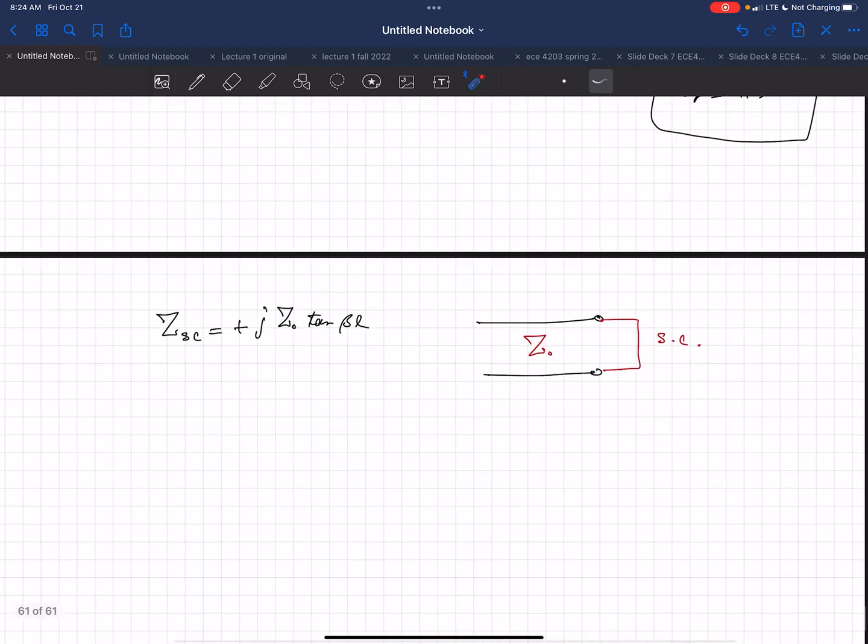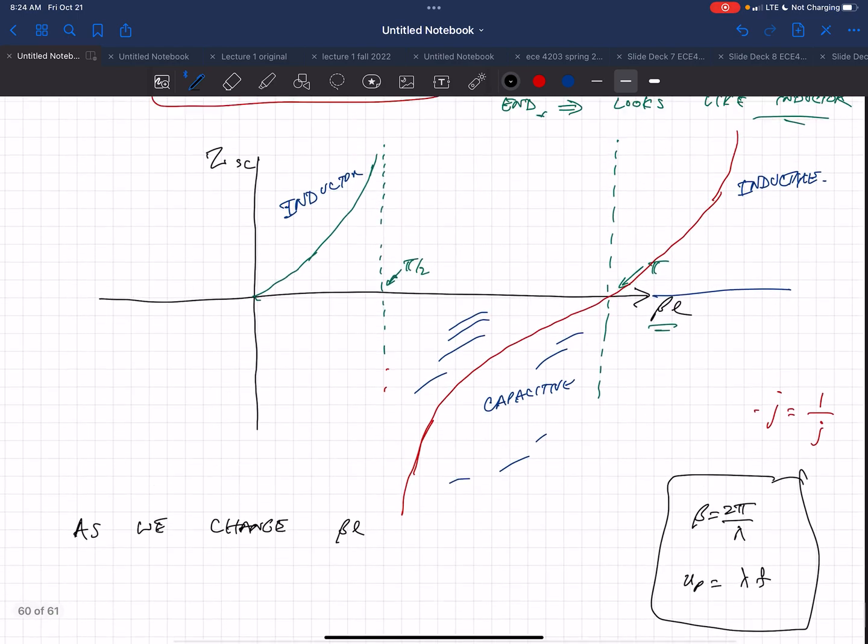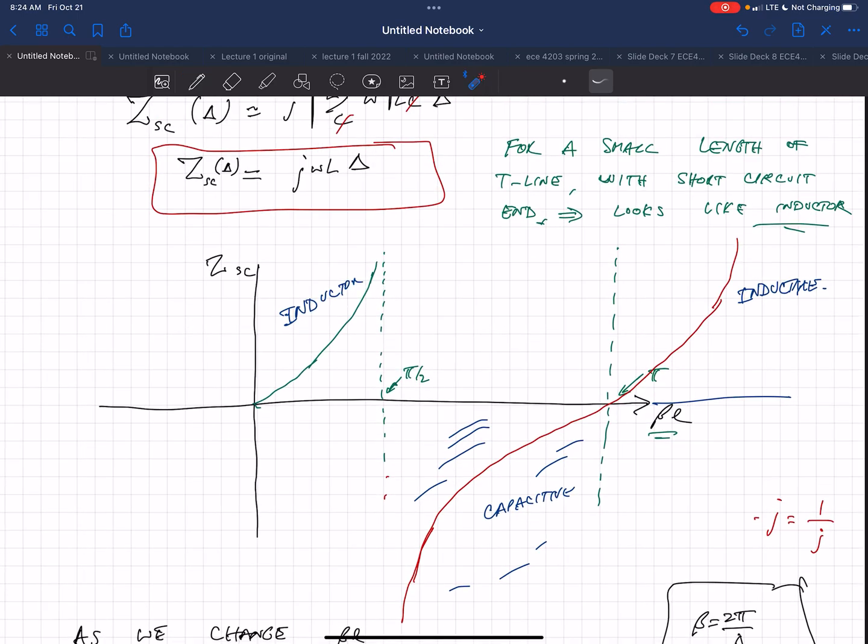At beta L equal to pi over 2, this input impedance turns into infinity. It's just a function of tangent, and tangent at pi over 2 turns into infinity.